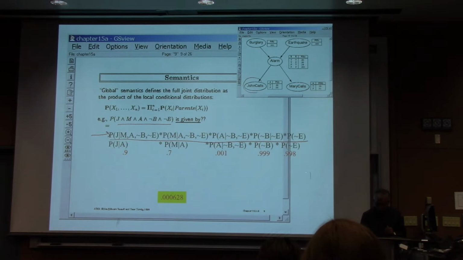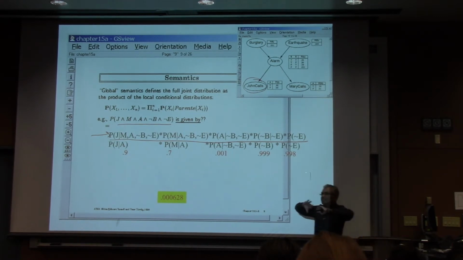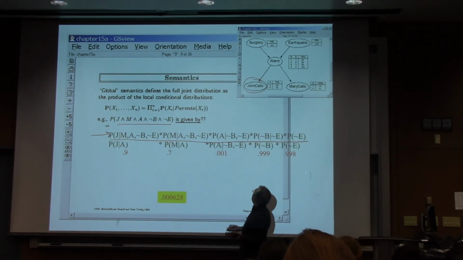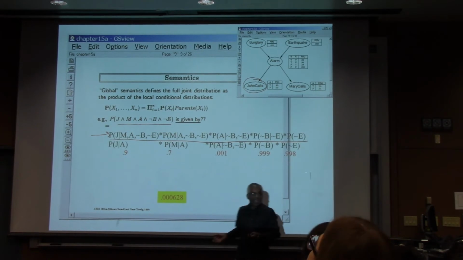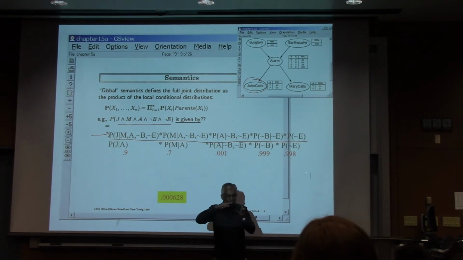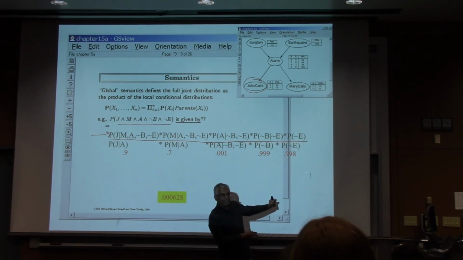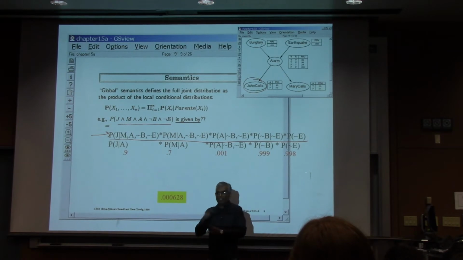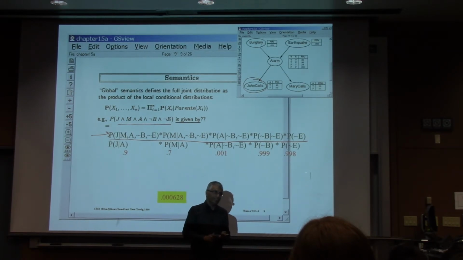Because John is somehow inoculated from everybody else. I mean, from his sibling nodes and the ancestor nodes, not its descendants. In this network, it doesn't have any descendants. It will be inoculated from its siblings and its ancestors given the parent.